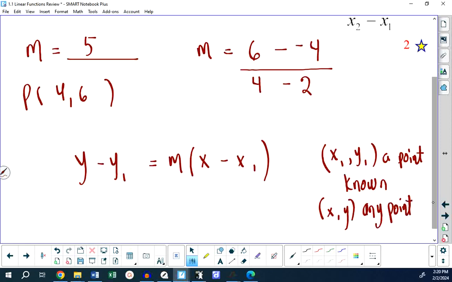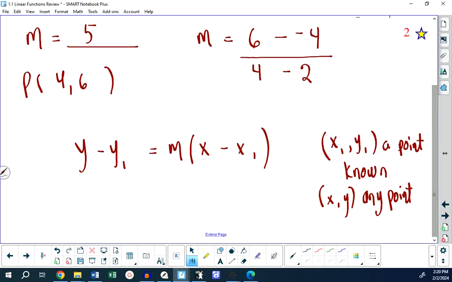In other words, x and y are the variables. We don't put numbers in for them when we write the equation. We want an x and we want a y. So what this becomes is y minus the y-coordinate of 6 equals the slope times x minus the x-coordinate.